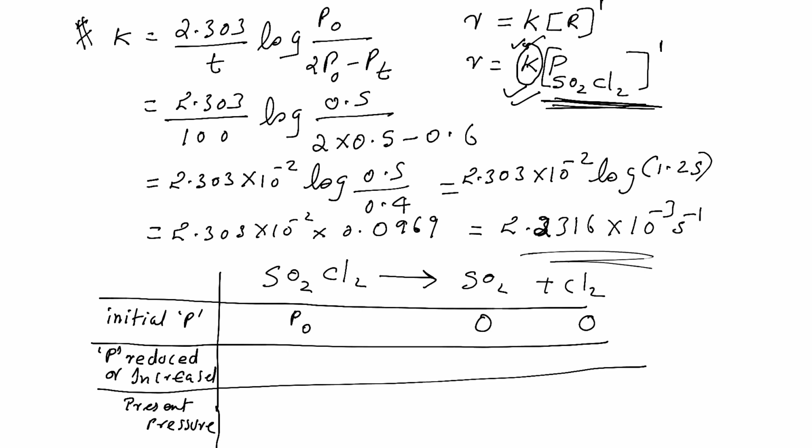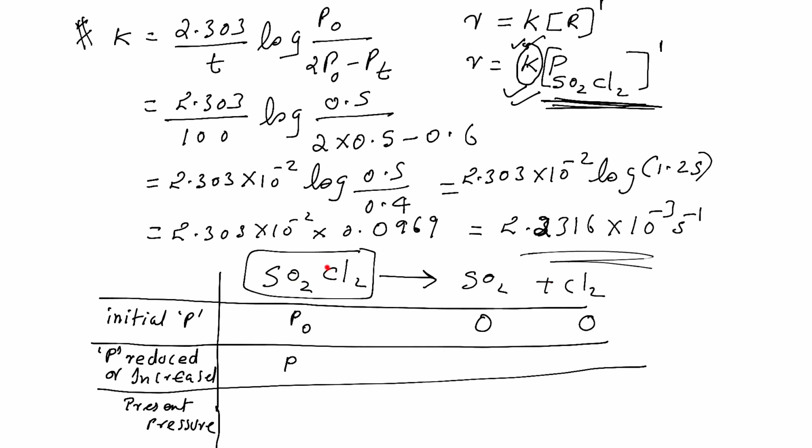When the reaction proceeds, the concentration of the reactant reduces. If the concentration of the reactant reduces, the pressure due to it also decreases. So their pressure decreases. Assume that there is a reduction of P pressure of SO₂Cl₂ at a particular time.